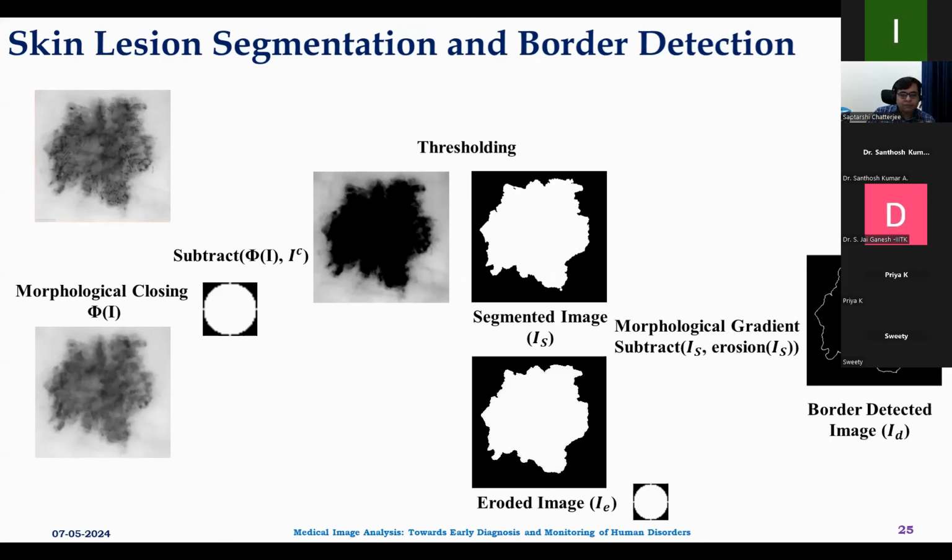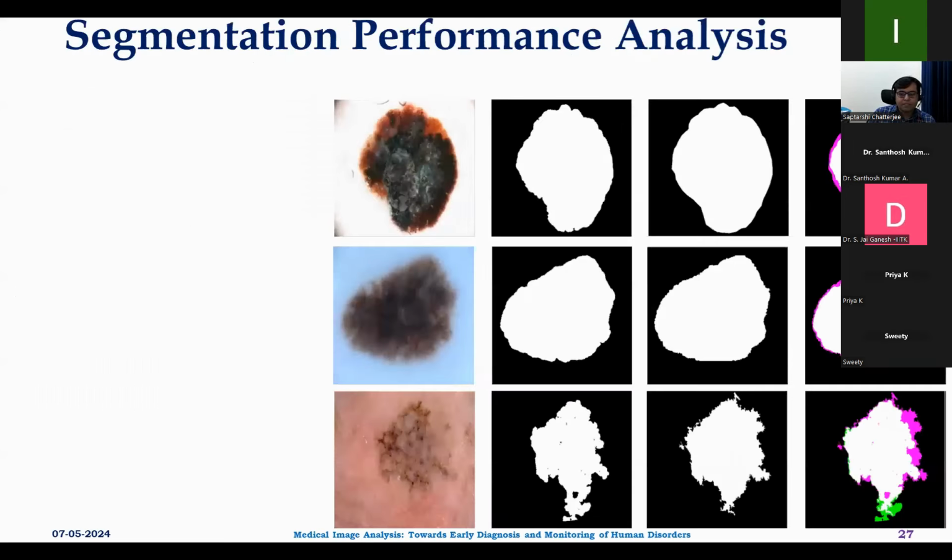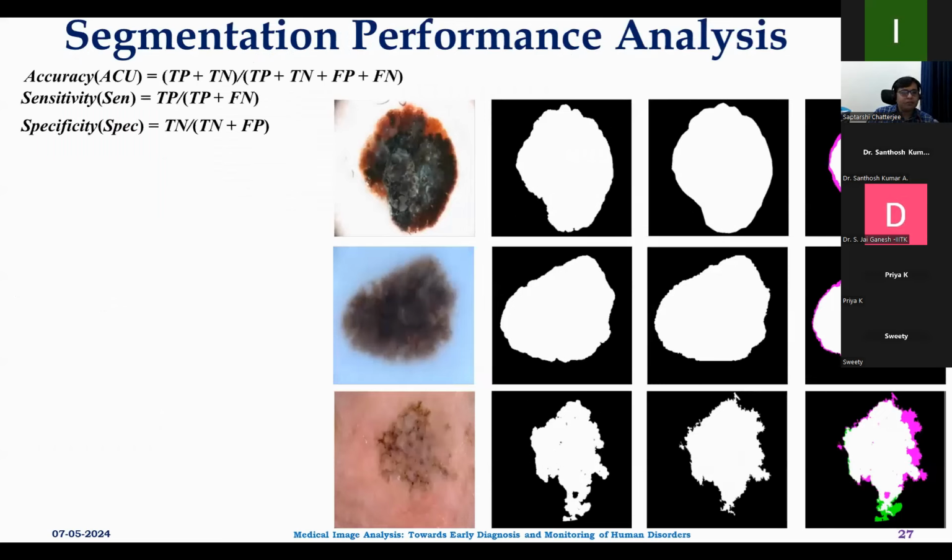After determining the segmented image and the border detected image, we can determine some morphological properties from that particular lesion.